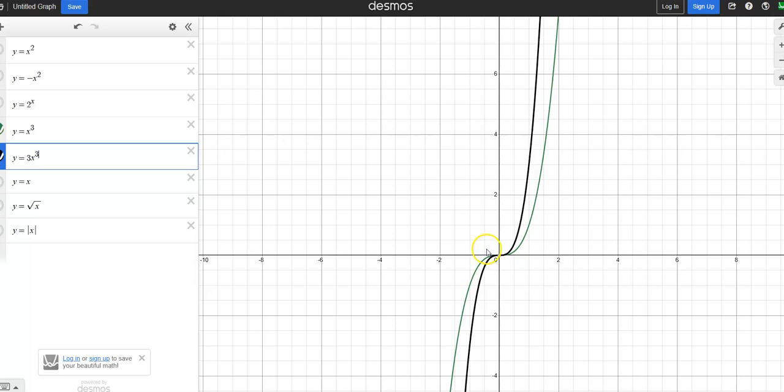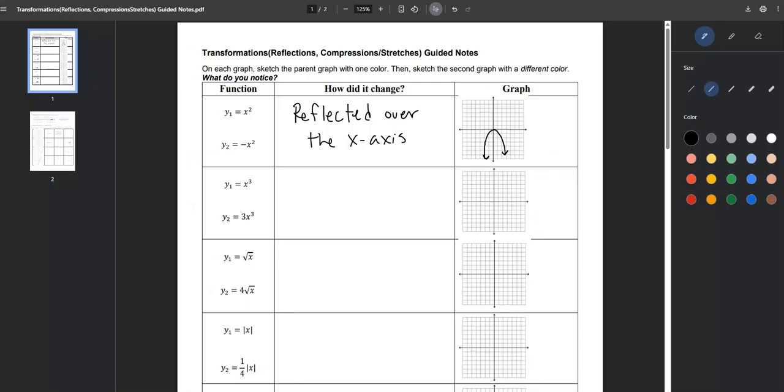This one's a little bit harder to see, but hopefully you guys see it. What ends up happening is that 3 makes it get skinnier faster, if you want to think of it that way. So we call that a stretch. It's stretching it vertically, if you want to think of it. When it gets skinnier, it's stretching it vertically.